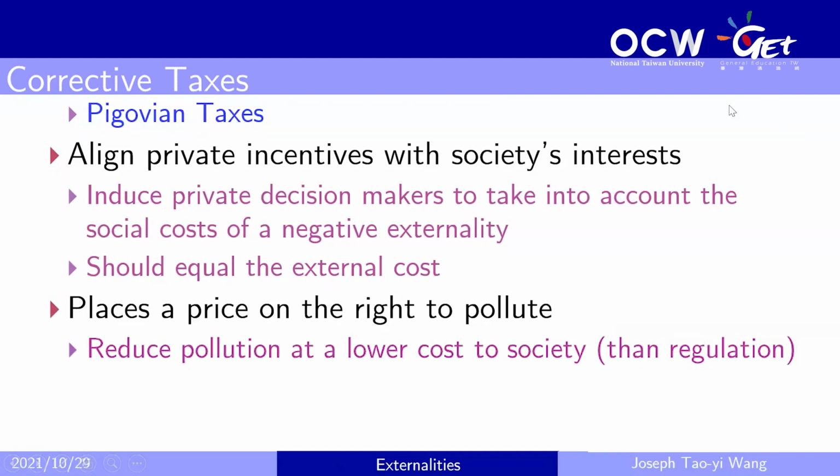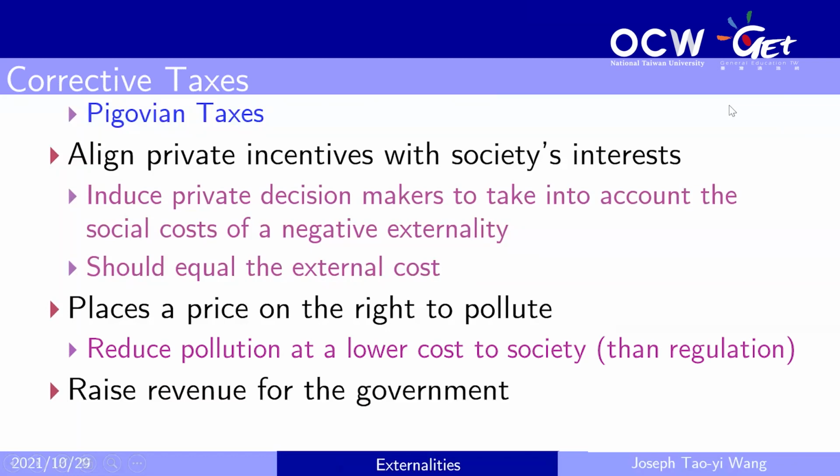Compared to command and control direct regulation, where you force everybody to follow the same rules, this actually can reduce pollution at a lower cost for the whole society. And so it's better. It also provides revenue for the government. If you think of carbon tax, instead of raising income tax, we could raise carbon tax to reduce pollution and also raise tax revenue for the government.